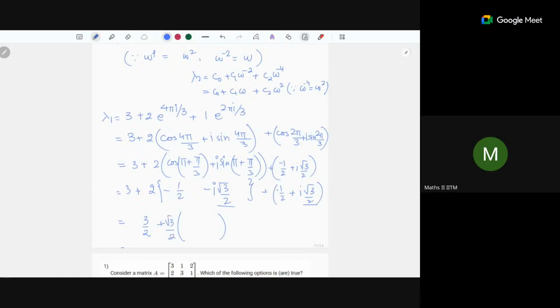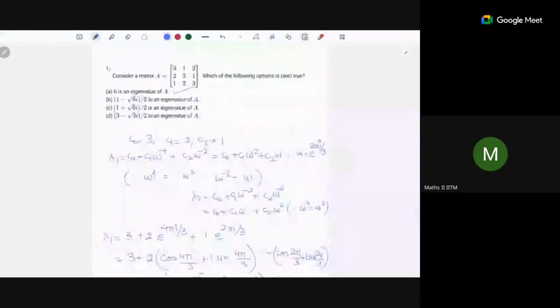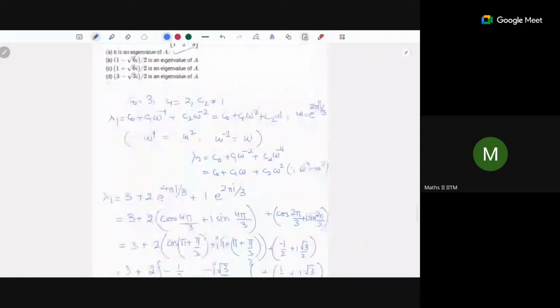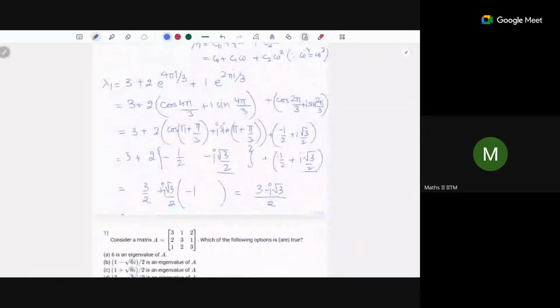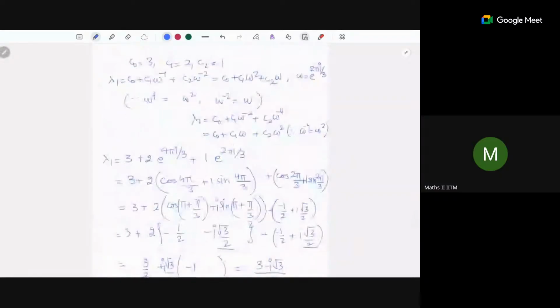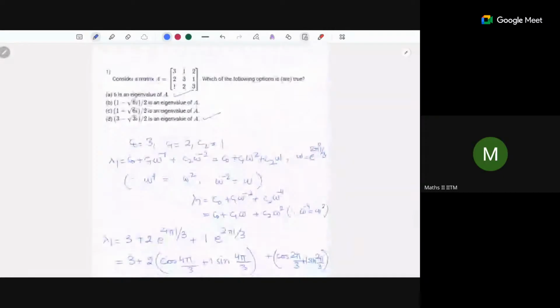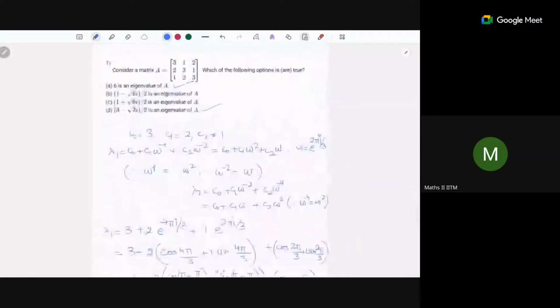So it is 2 times 2I, 2 plus 1, 2 minus 2, so it is minus 1. So it should be 3 minus root 3 by 2. Is that even an option? Yeah, sorry, I is also here. So option D is correct: 3 minus root 3 by 2.